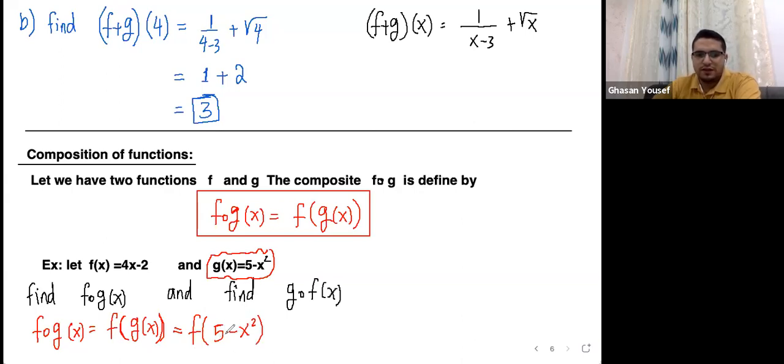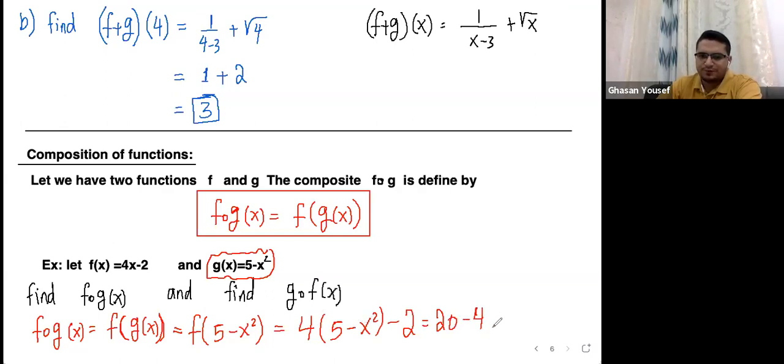Inside this function, we get 4 times, instead of x, 5 minus x squared, minus 2. Now we should distribute the 4 inside the parentheses, and then subtract 2. 4 times 5 gives me 20. 4 times minus x squared is minus 4x squared.